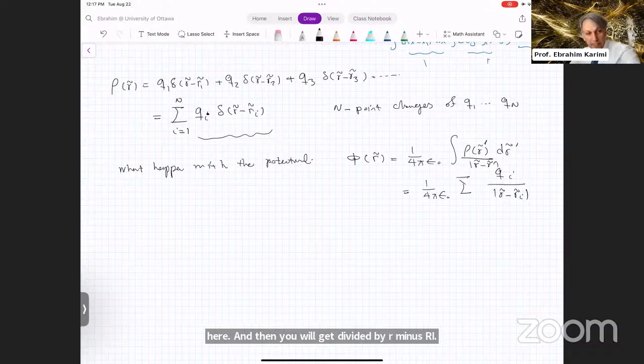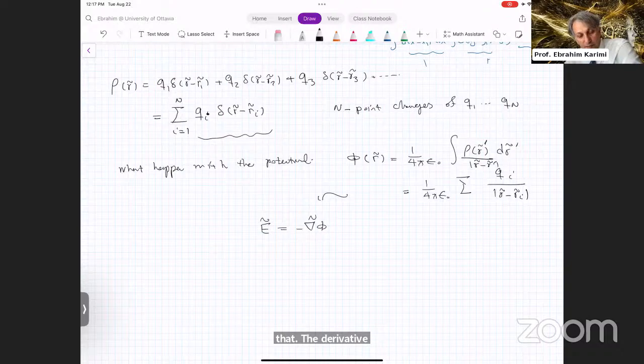So that's the way that we do the calculation and find the potential. From the potential, you can easily take the gradient with a minus sign, and you will get the electric field. You take the derivative of the scalar potential, and you will get the electric field in the electrostatic regime.